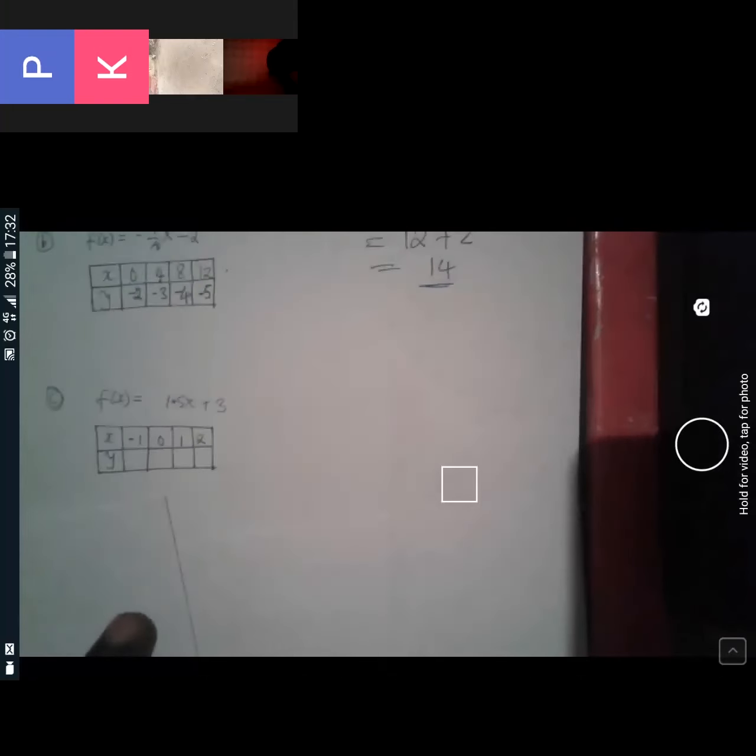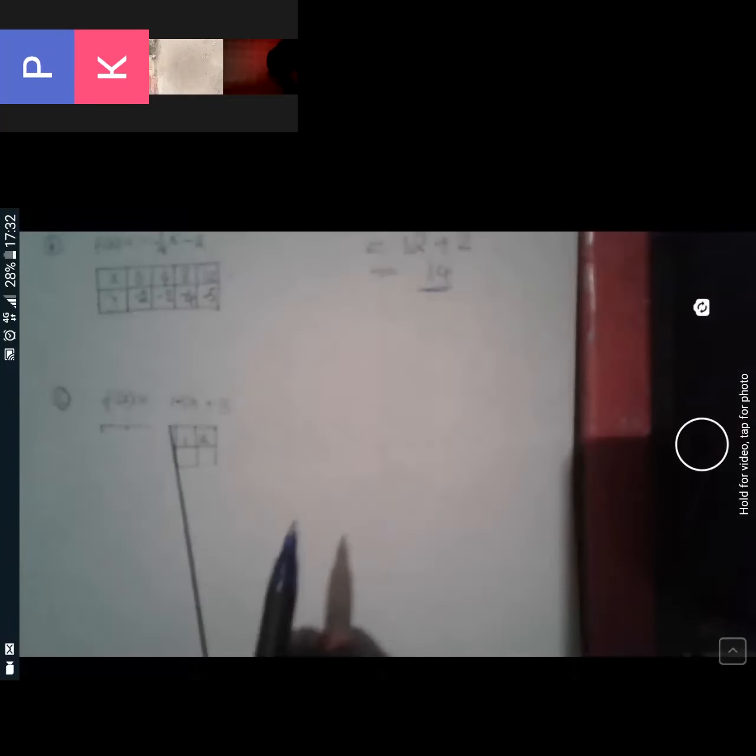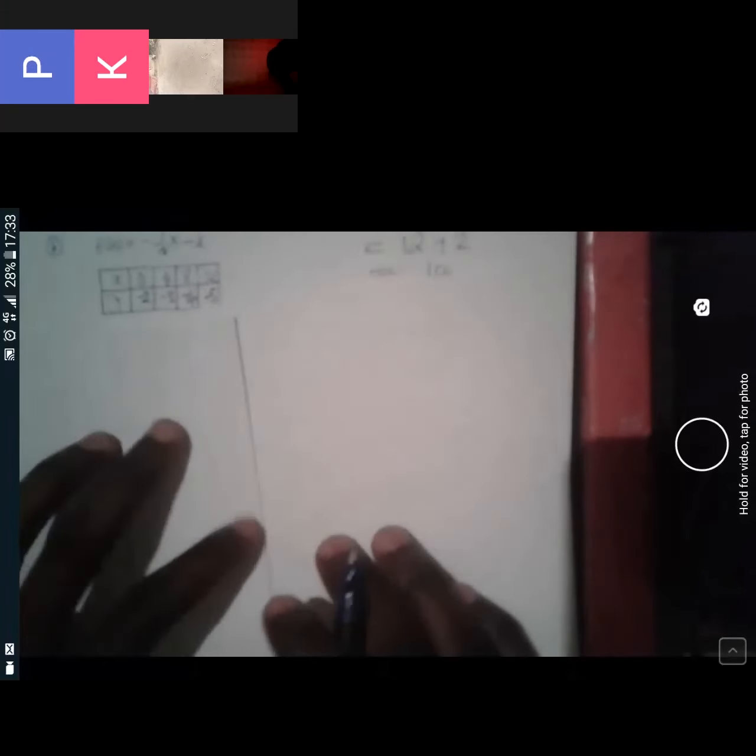I want us to try and plot the graph of this function. Let's plot the graph of P so that we see what we're talking about, so that we now fully explain what a linear function is. We are going to do it on a Cartesian plane.